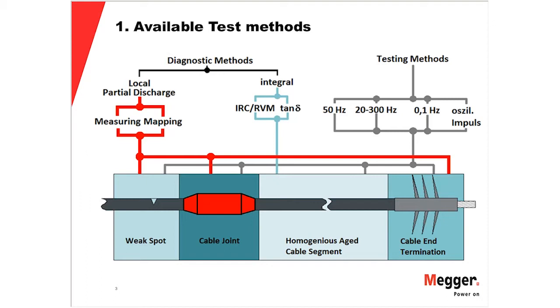In the field, we have the so-called VLF technology, which is either VLF sinusoidal waveform or VLF cosine rectangular. We'll go into much more detail later on during this presentation. And last but not least, there is also the so-called oscillating wave shape, which is available to test your cables.